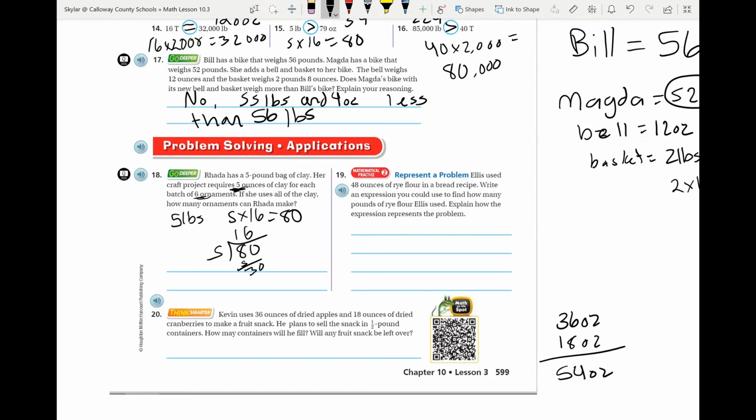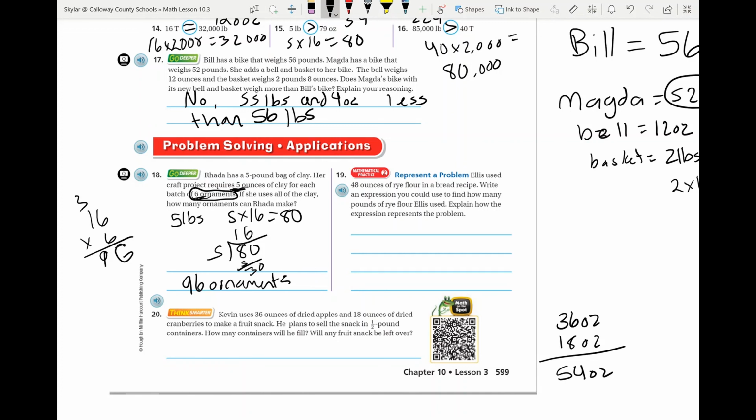So that means that they made 16 batches. In each batch there is 6 ornaments. To find out how many ornaments there are, we need to do 16 times 6. 6 times 6 is 36. So 96 ornaments.